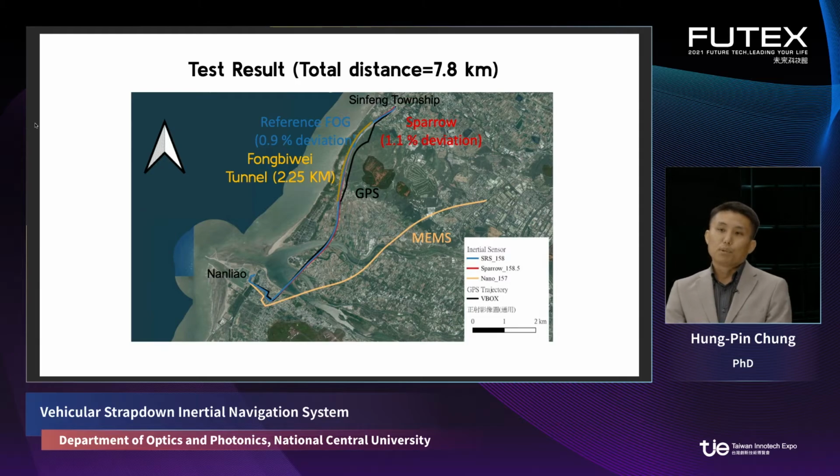red and blue curves show our results from the Sparrow FOG and the reference FOG, which get 1.1% deviation and 0.9% deviation respectively in the Feng-Bi-Wei tunnel. This shows the result of our Sparrow-based IMU prototype.